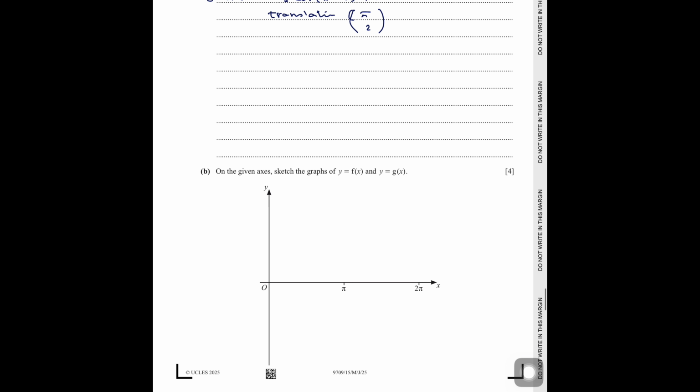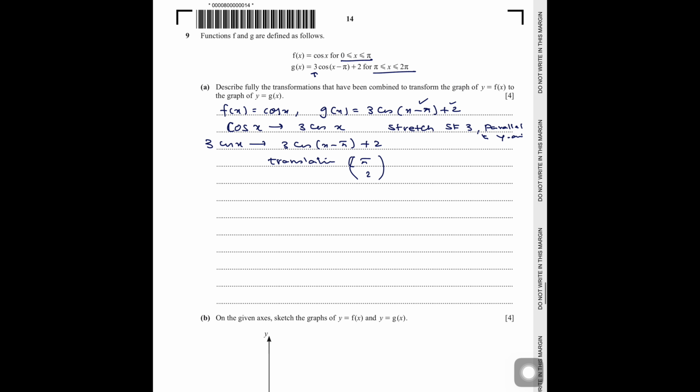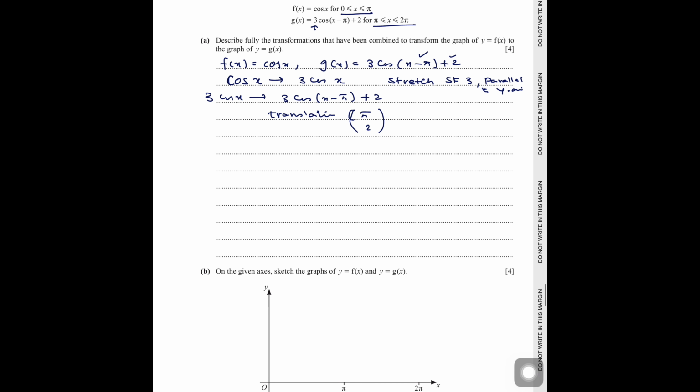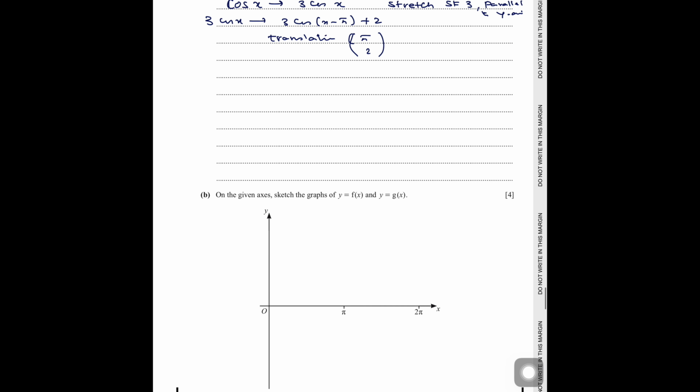On the given axes, sketch the graph of y equals f(x) and the graph of y equals g(x). So the graph of f(x), cos x between 0 and pi only. So this is 1, -1, 0, pi over 2, pi, 3 pi over 2, and 2 pi.